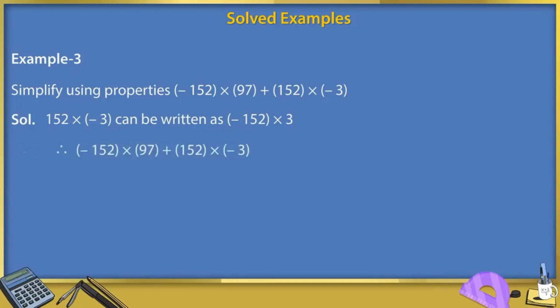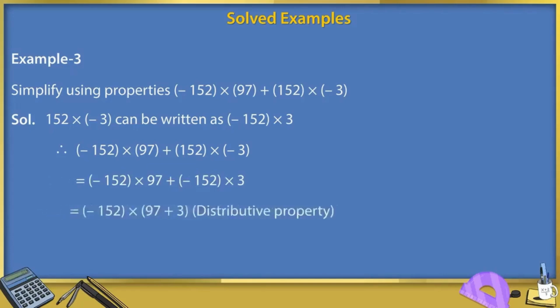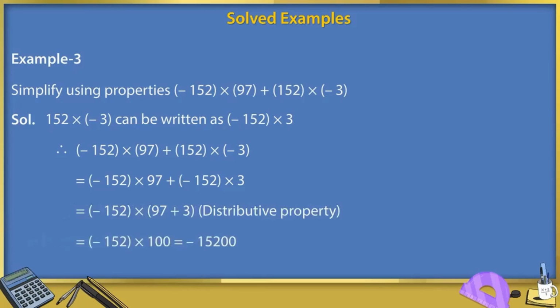Therefore, (-152) into (97) + (152) into (-3) is equal to (-152) into 97 + (-152) into 3, which is equal to (-152) into (97 + 3), by distributive property, which is equal to (-152) into 100, which is equal to -15,200.